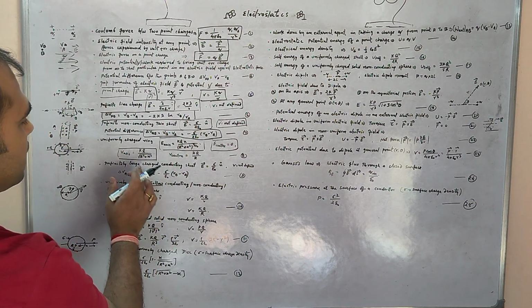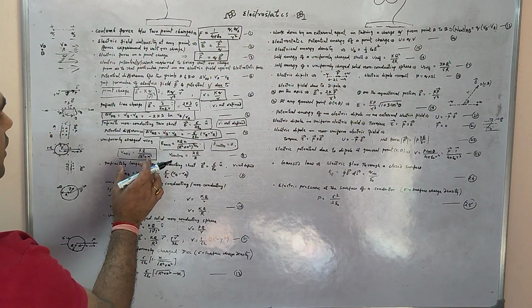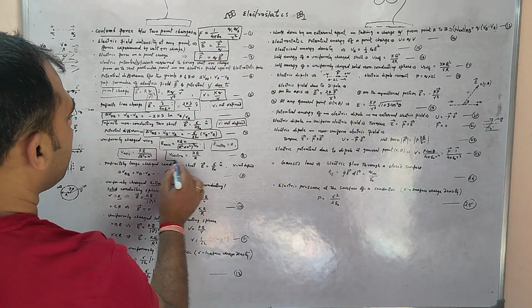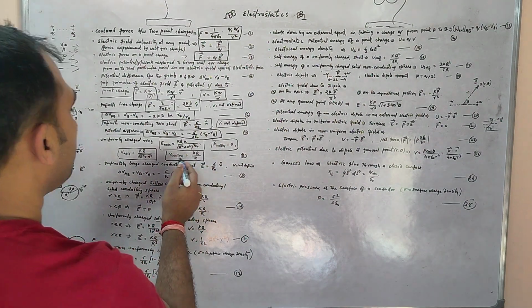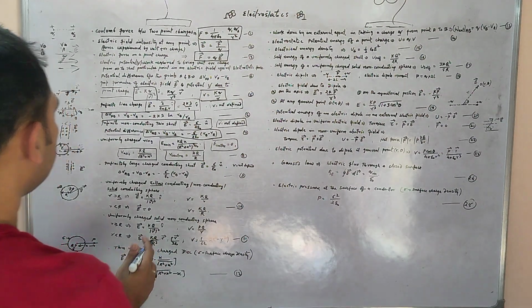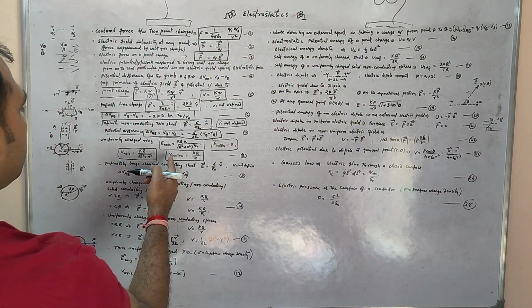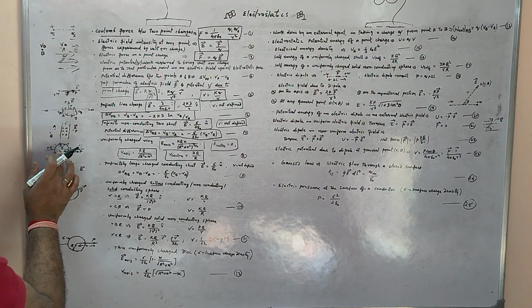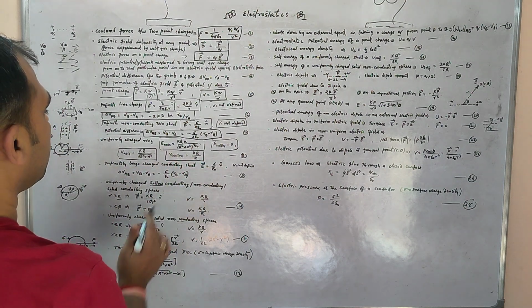Q is the net charge, r is the radius, x is the distance of the point from the center. Then potential V center is equal to kq by r. This is the potential at C. Electric field was 0 but potential is kq by r.